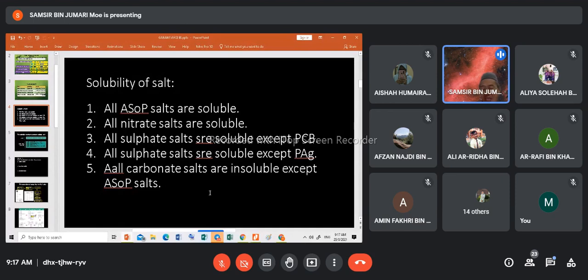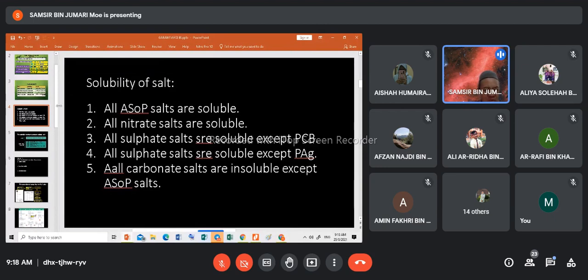For example, if given magnesium nitrate, how to prepare the magnesium nitrate salt in our lab. If we don't know whether the salt is soluble or not, we cannot determine what method should be chosen to prepare the salts.